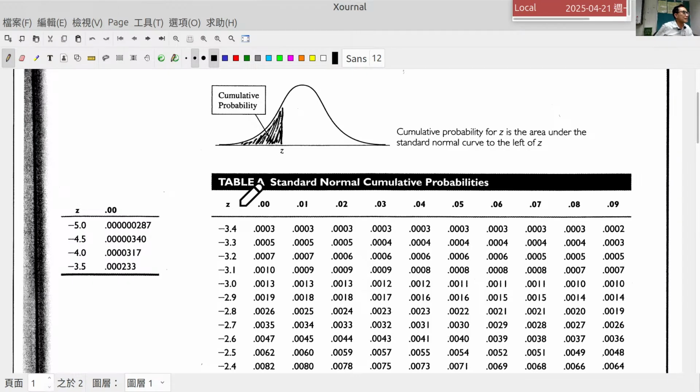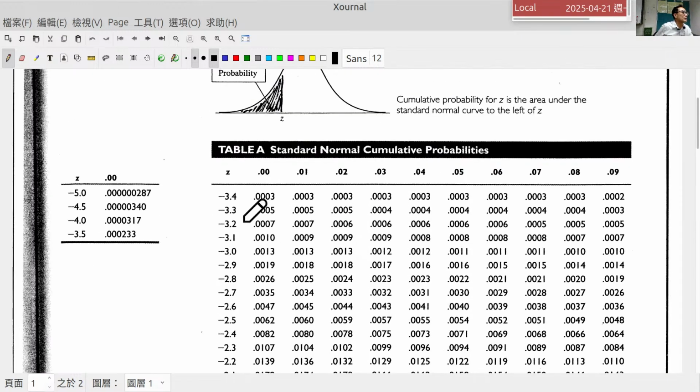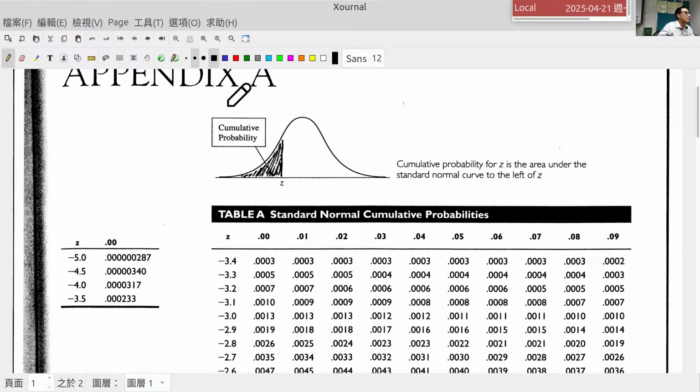the z-score is here. We just got the z-score. And again, the z-score is here. From, for example, here, it means minus 3.42.